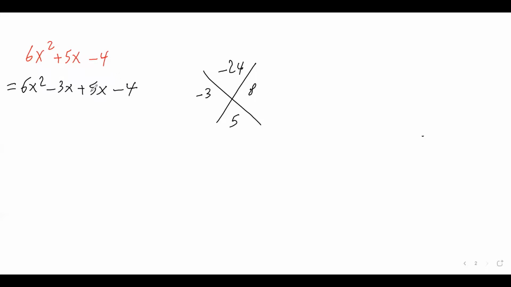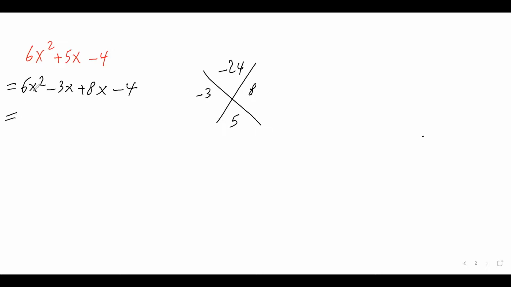My numbers are negative 3 and positive 8. So I have 6x squared minus 3x plus 8x minus 4. Negative 3x and positive 8x gives me positive 5x. So I just rewrite this middle term in terms of those two numbers.